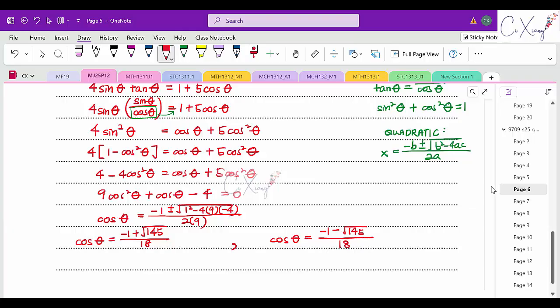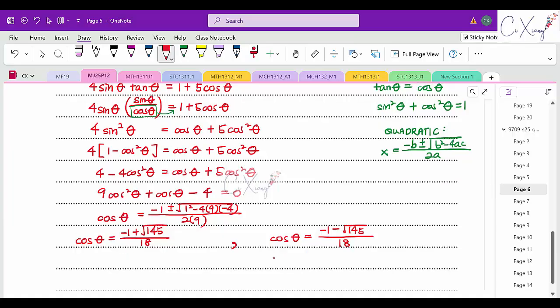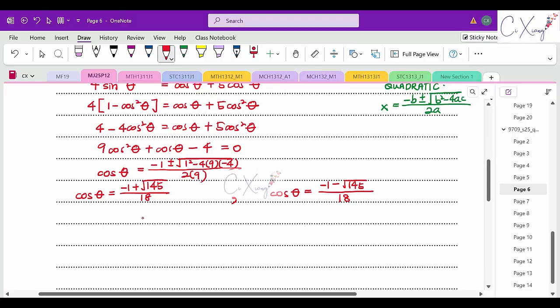So we try to solve them separately. Press the calculator and see what the value is for this one. If you didn't make any careless mistake, this value is a positive value that is smaller than 1.